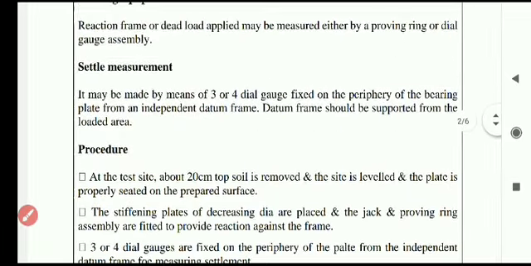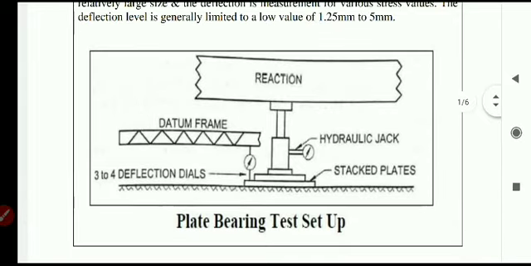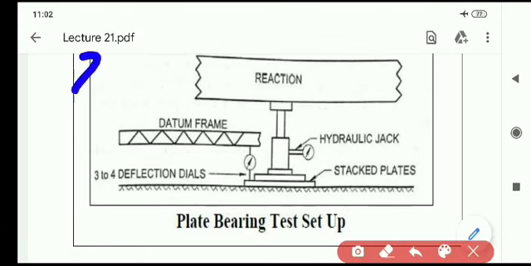Next comes procedure. So what should be done here? Listen carefully. 20 centimeter topsoil should be removed from the ground, and after removing the topsoil, all the plates in a decreasing order right from bottom to top are placed like this: 75, 50, 22.5, in a reducing manner, on the ground.